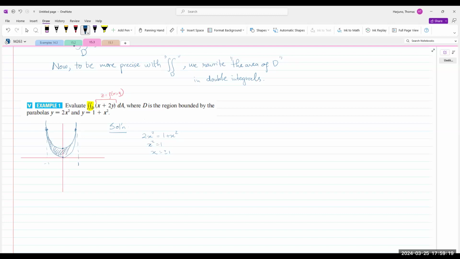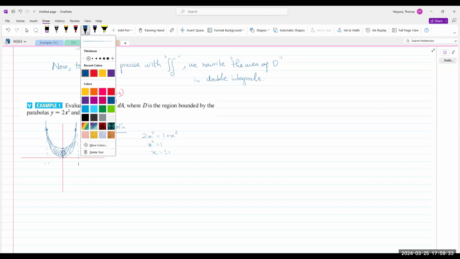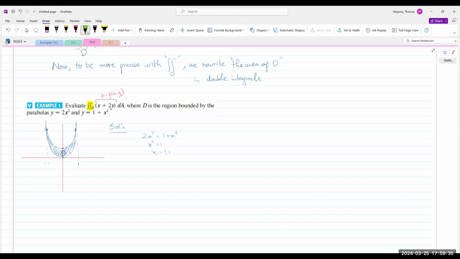Now go back to your Calculus 1. How do you rewrite the area of this region D using a single integral? Let me use a light color for now. The area is equal to the integral from -1 to 1 of the curve on the top, 1 plus x squared, minus the curve at the bottom, 2x squared, dx.